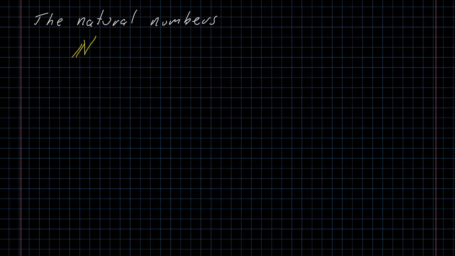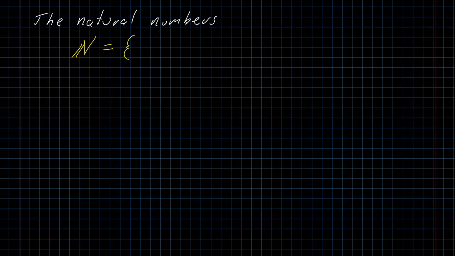The symbol for the natural numbers is this funny looking letter N. It is literally write the letter N and put an extra line somewhere in it. I usually use this part to put the extra line. I have seen some people in some font packages that put the extra line there instead. It all works the same. It's called a blackboard bold or a double stroke character, and N for natural numbers seems to make sense.